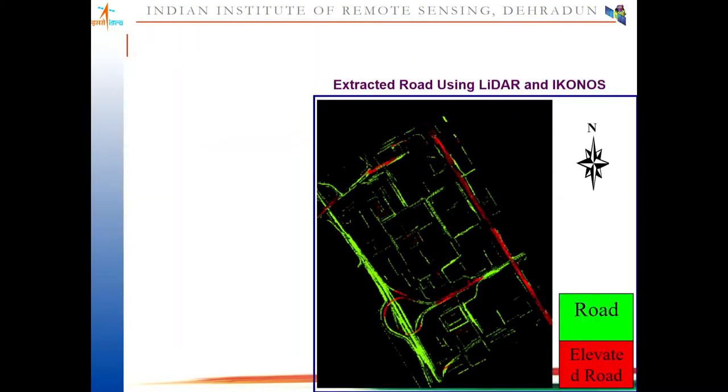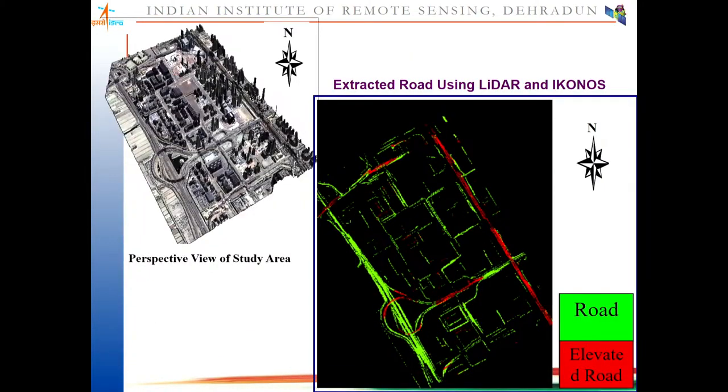After applying the rule set and doing object-based image analysis, the roads and the elevated roads could be separated. Also the buildings with the same height as the flyovers or elevated roads could be filtered out.